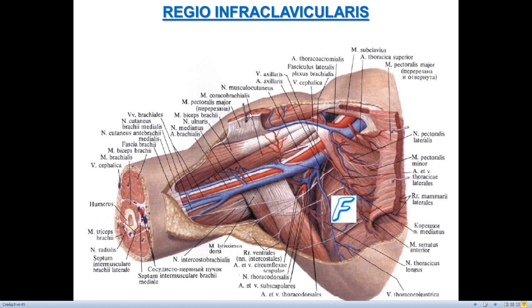Number 5, in the axillary fossa from the deep subpectoral space. Number 6, to the free margin of the anterior wall of the axillary fossa from the surface of the subpectoral space.